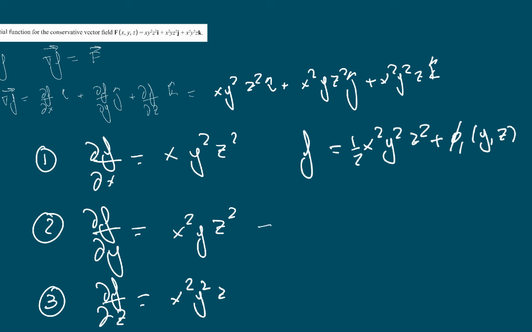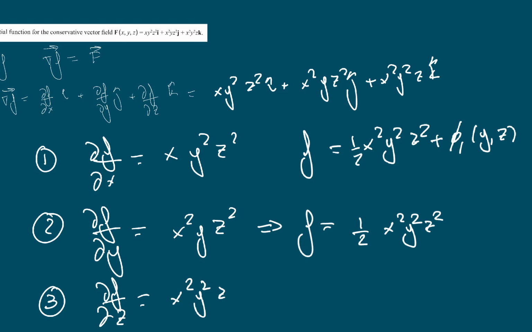Now, let's go to the second challenge. What is f if the partial derivative of f with respect to y should be x squared y z squared? Well, it's clear that if I choose 1/2 x squared y squared z squared, it will work, because the partial derivative with respect to y will be 2 times, the 2 will cancel, x squared y z squared, and I will obtain this.